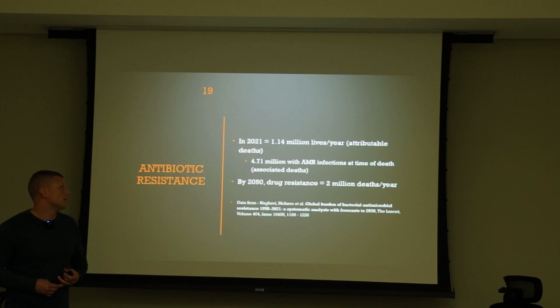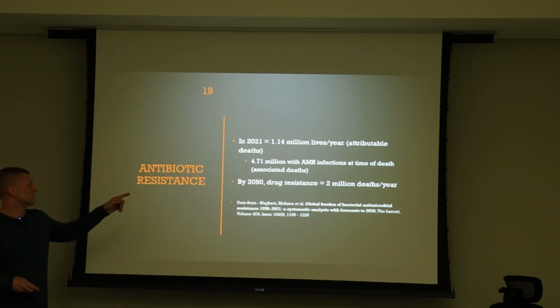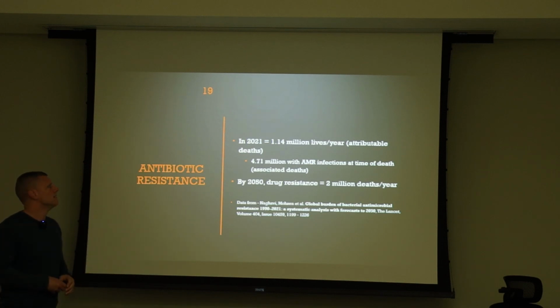So there's so many different numbers here, but this is the most recent data, and some of the older data looks worse than this. They've kind of trimmed some of it back, but over 1 million lives per year are directly related to antibiotic resistance infections.